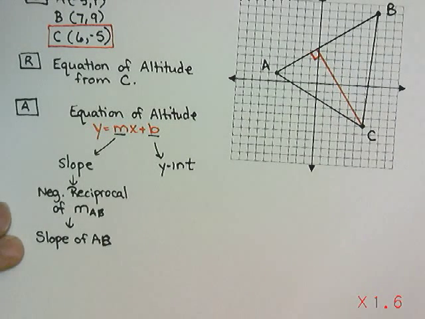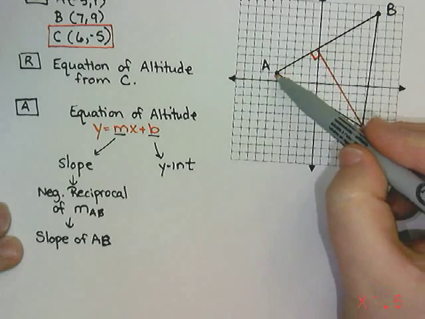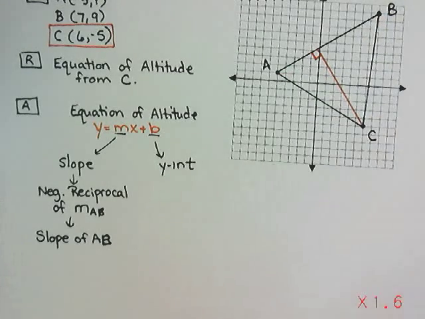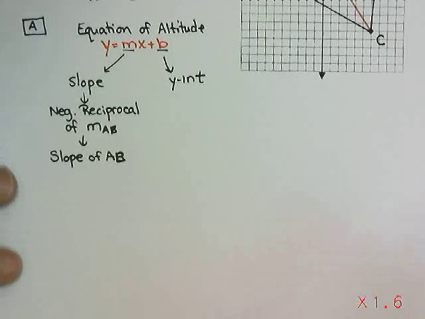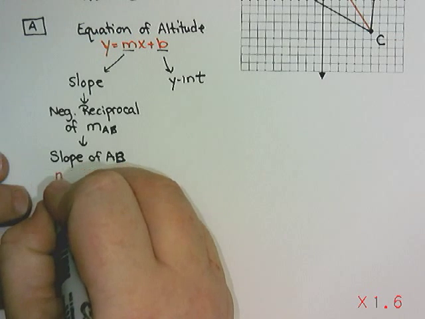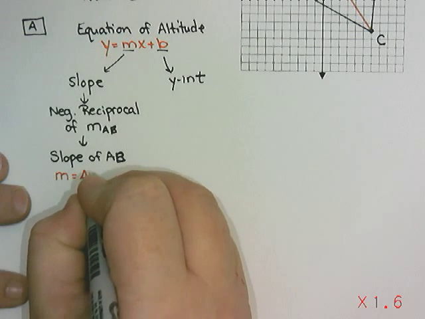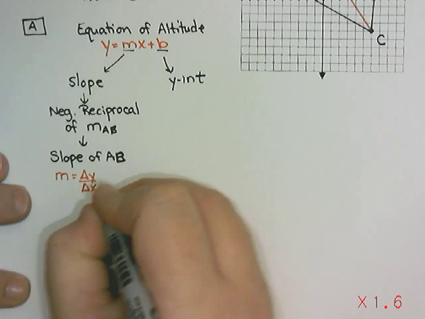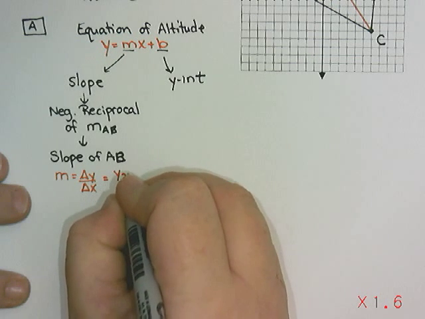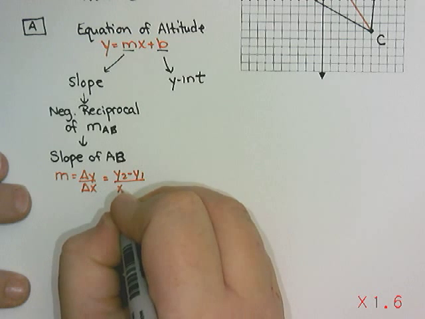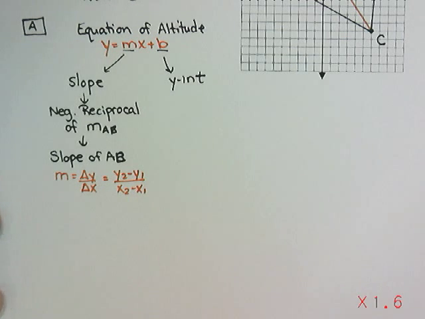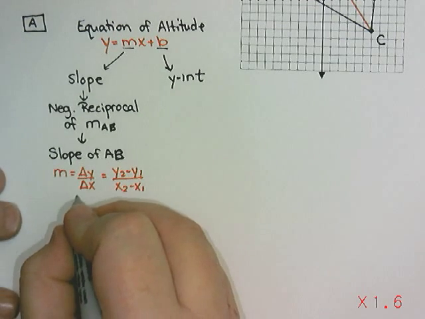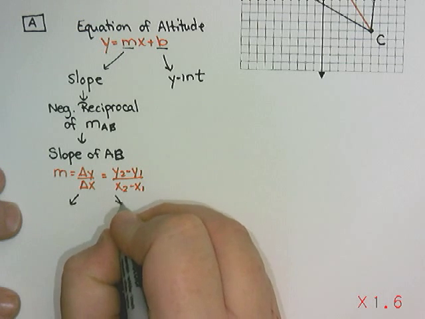So to find slope of AB, I do actually know point A and point B, so I can use my slope formula. So I do have a choice. We can either do delta y over delta x using differences, or you can do y2 minus y1 over x2 minus x1. Either way, we do require 2 points in order to be able to use those formulas.